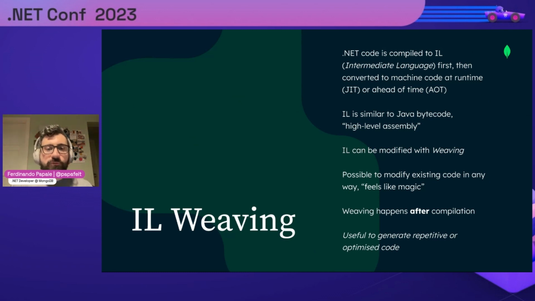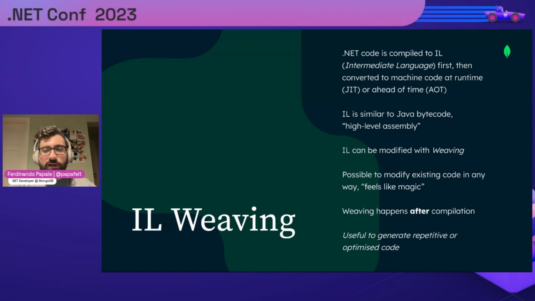So first of all, what is IL? Every time you compile .NET code, this gets compiled to something called IL, which stands for intermediate language. Depending on your configuration, if you're using just-in-time compilation, so JIT, then the code gets converted to machine code at runtime.